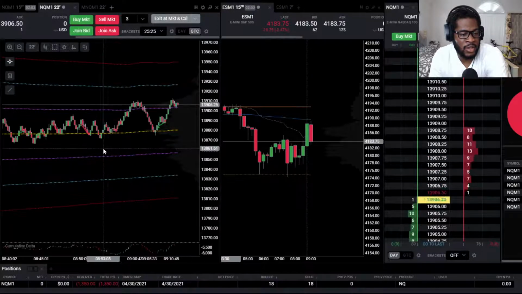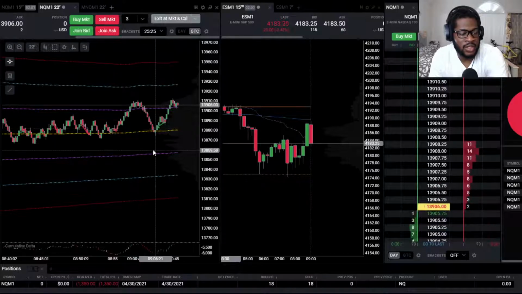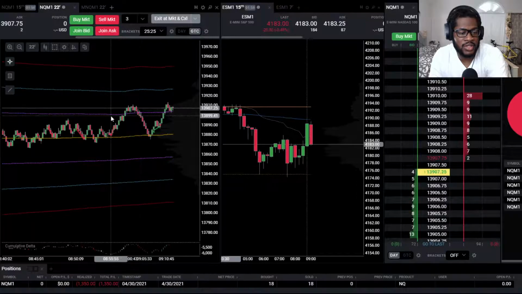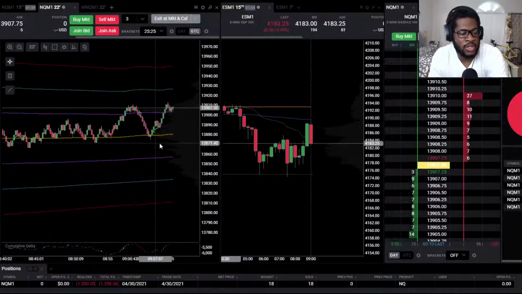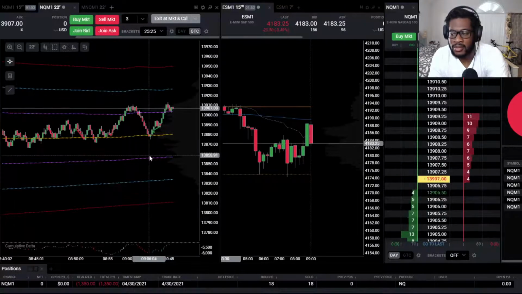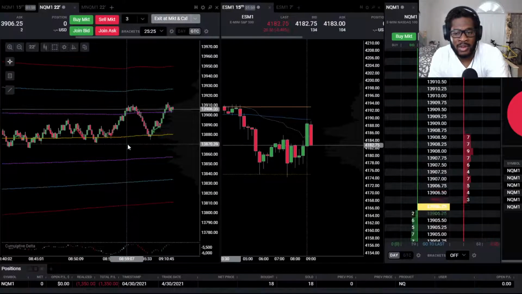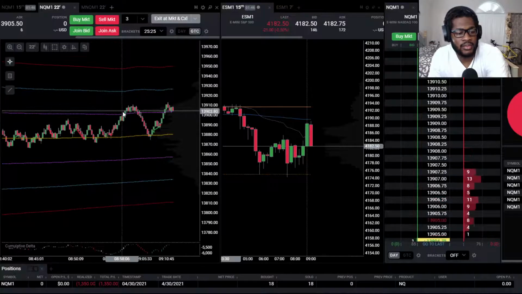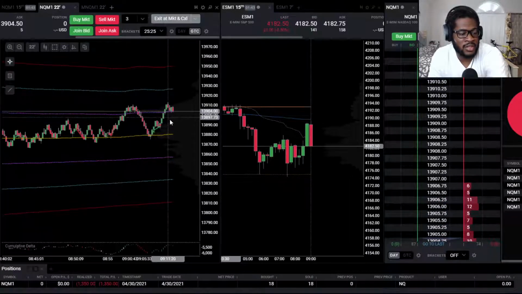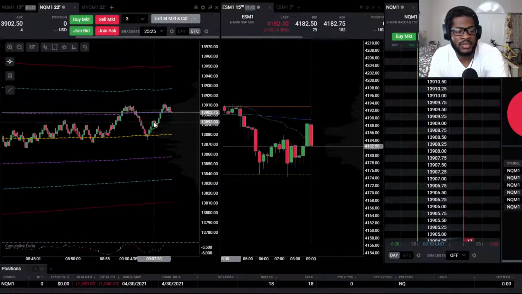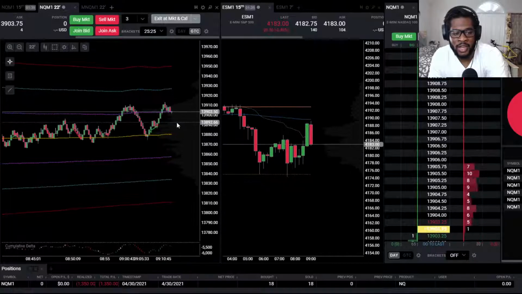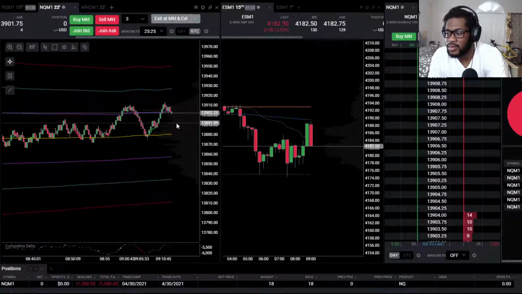Set my stop down there on the one contract, which would be plenty far away, give it plenty of space, and then see how far it's going to push upwards, or just get stopped out. And then probably you'll sit in that trade for a good hour or two. Maybe not. I mean, if this thing starts getting aggressive and pushes up, it could be 10, 20 minutes, but you'll sit in it for a while regardless. It's not going to be a quick 1 minute scalp or a couple seconds scalp.